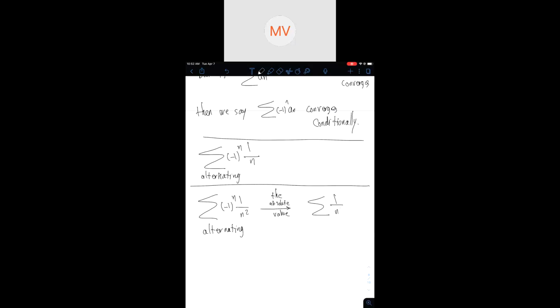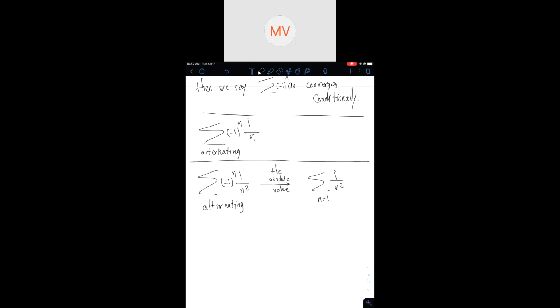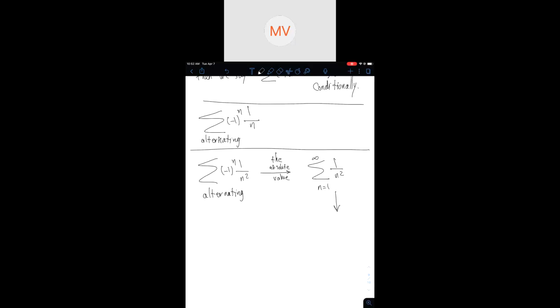So we're going to have 1 over n squared, starting from 1 to infinity. Does the absolute value series, sigma 1 over n squared, converge or diverge? Converge. Why is that? P series with P equal to 2, right? That's it. P series with P equal to 2 converges.